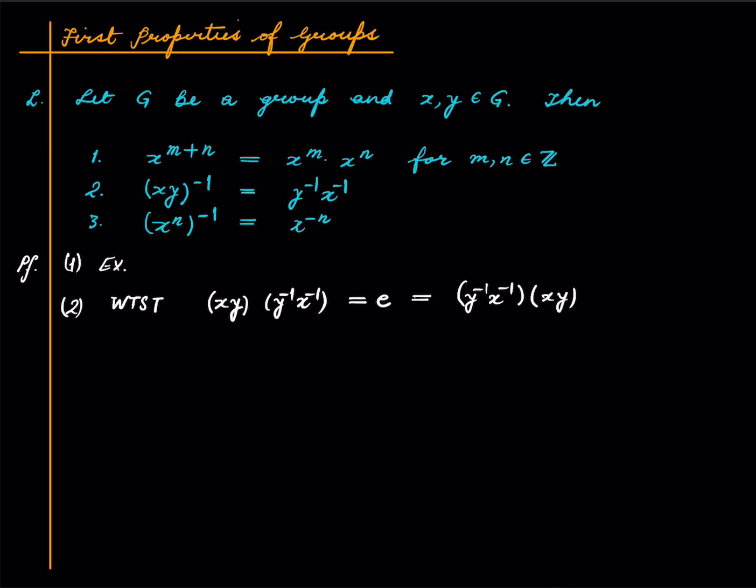Right? If we show this, then this would mean that this guy is the inverse of that guy. But this is very easy using associativity. So if we use associativity, we see this is equal to that.